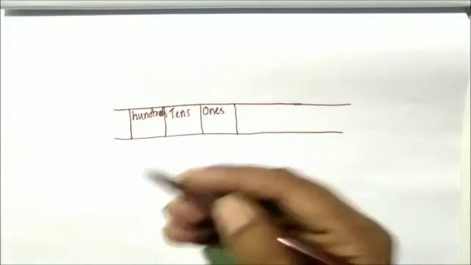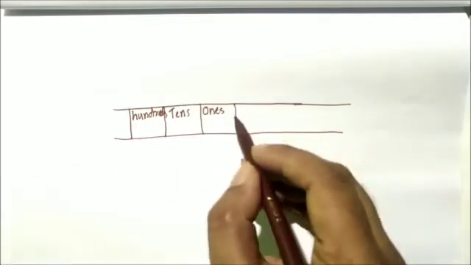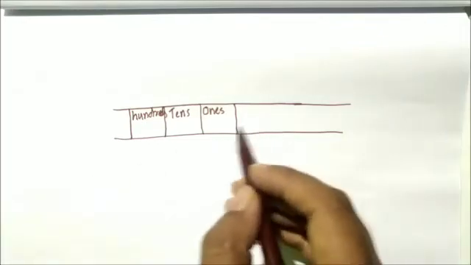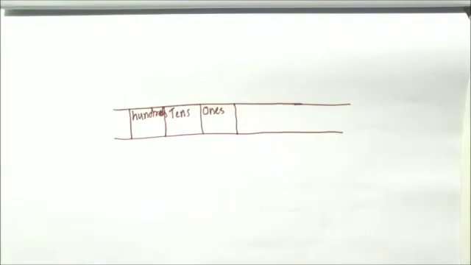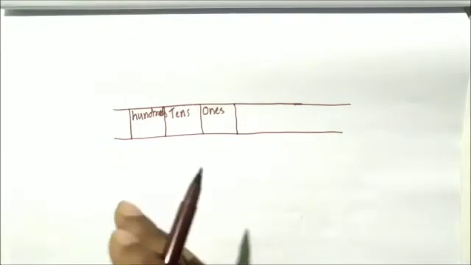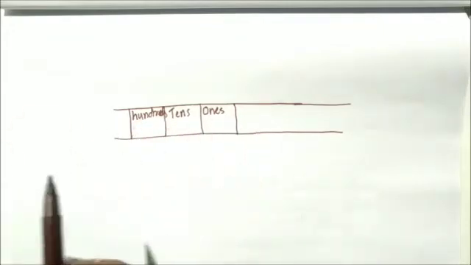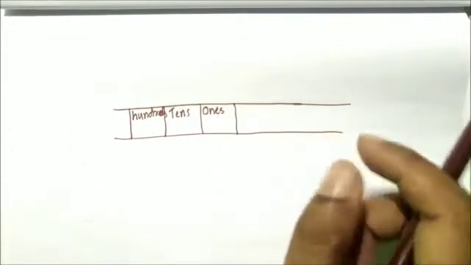After the ones, do you think that there are other places too? Yes. After the ones, till class 4 or in the earlier classes, you only have understood that we will start from ones, tens, hundred. But after the ones, there are some place names.